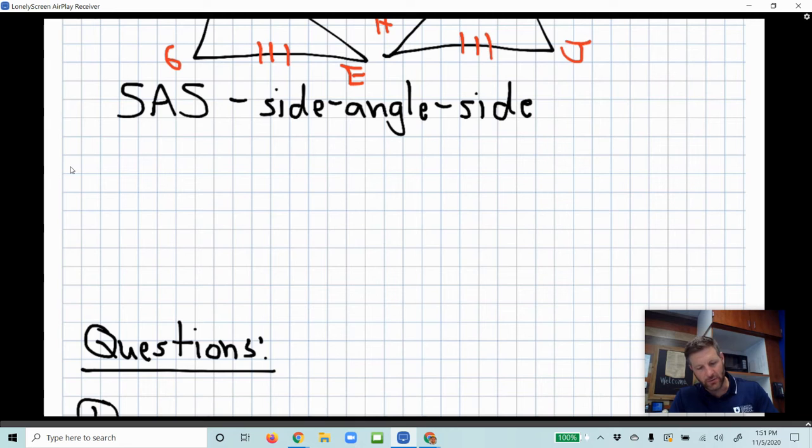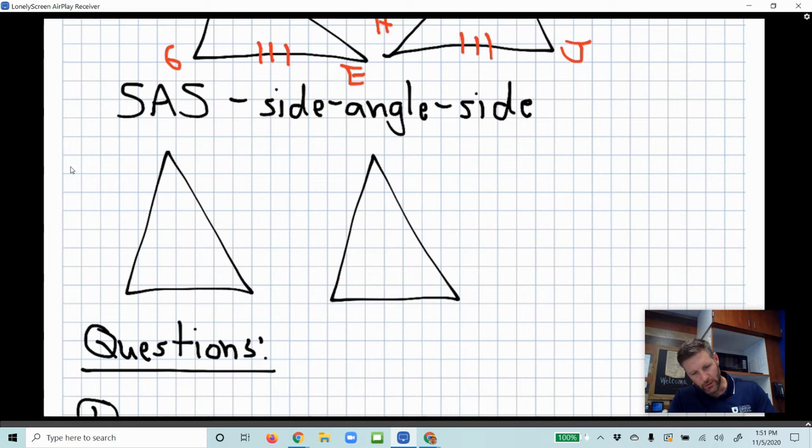And so if I have 2 triangles, drawn a little differently this time, and we'll call them STU and VWX, I can prove triangles congruent if I prove all 3 sides. Another option is if I prove 2 sides.